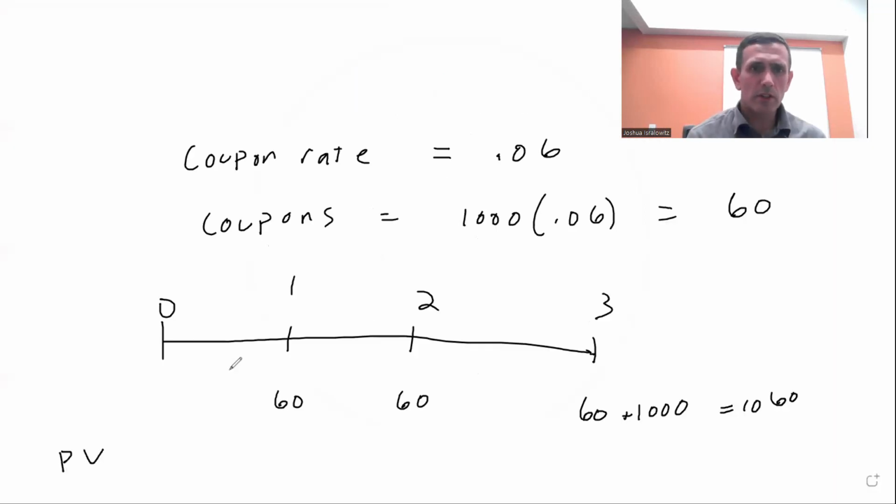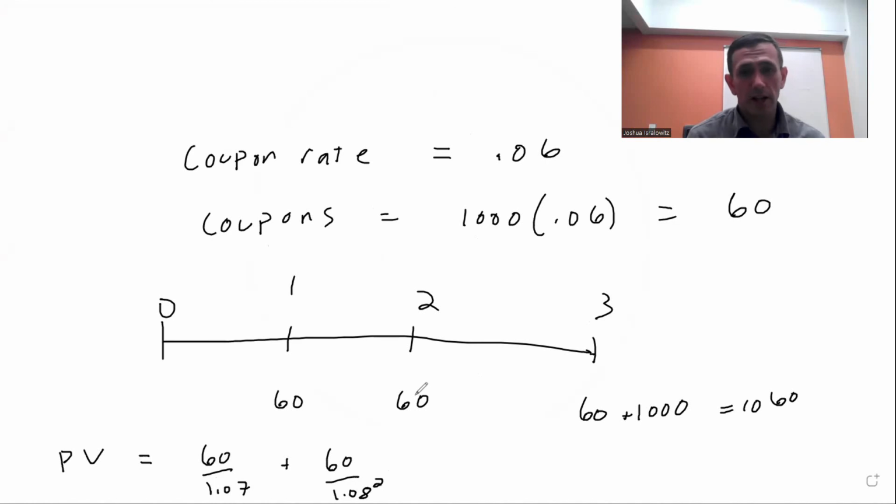All right, so the present value is, the 1 year spot rate is 7%, so 60 over 1.07. Again, the idea is we invest this amount for 1 year, we get $60 back. We invest this amount for 2 years, we get $60 back at the end of 2 years. The 2 year spot rate is 8%.